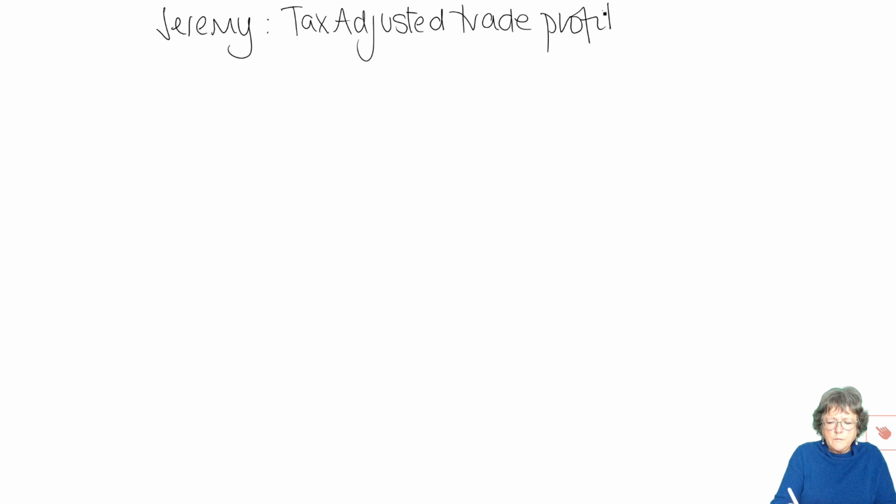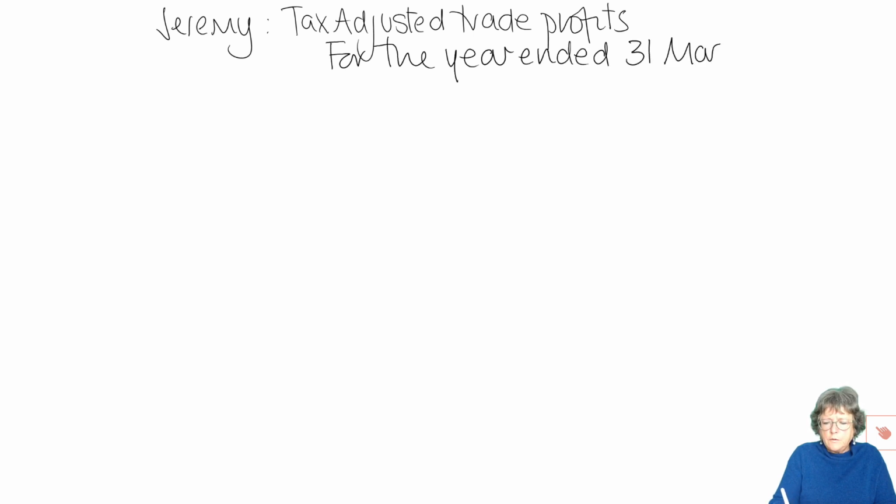So let's do the computation, the answer. As with all our computations, the first thing we need to do is give it a title. So that's what we're doing. We are adjusting the trade profits. Then always put for the year ended, and this is the 31st of March 24.